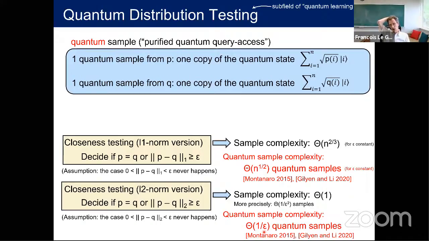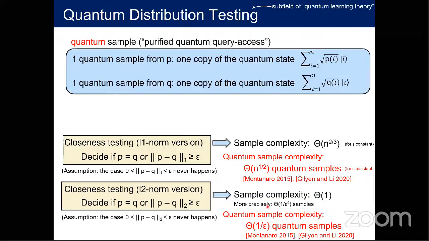If you don't have the inverse, I don't think that you obtain an improvement here. But I don't think we can prove it. We don't know any lower bound.